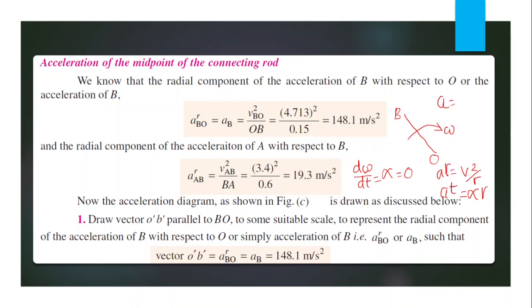So the acceleration of B with respect to O is equal to the radial component, v square by r.